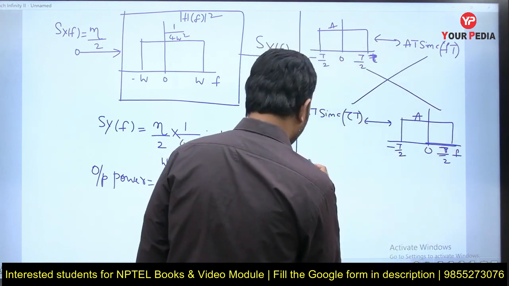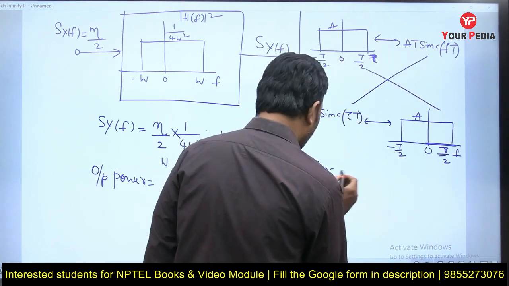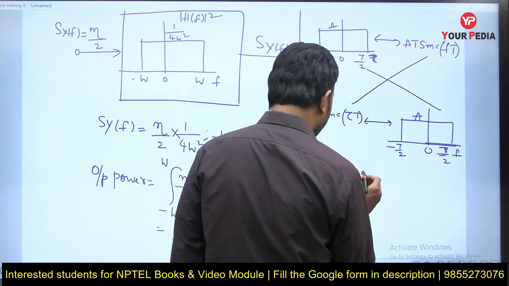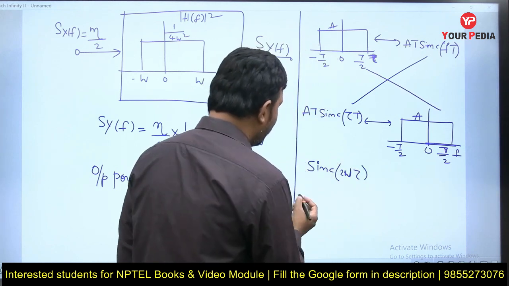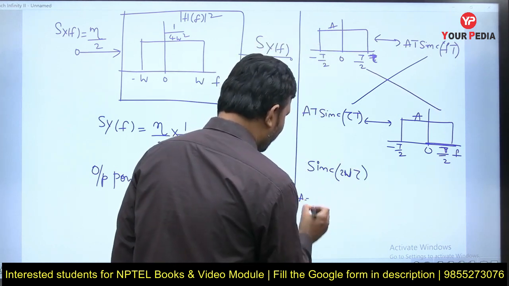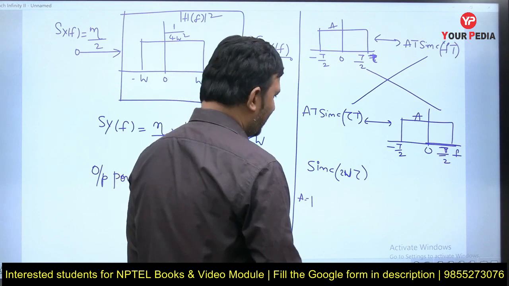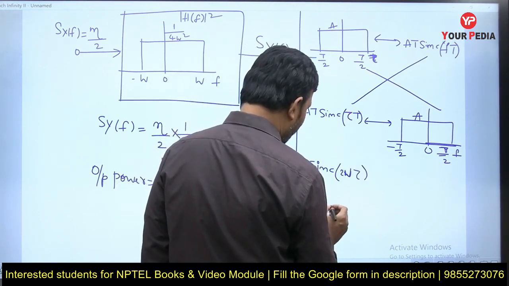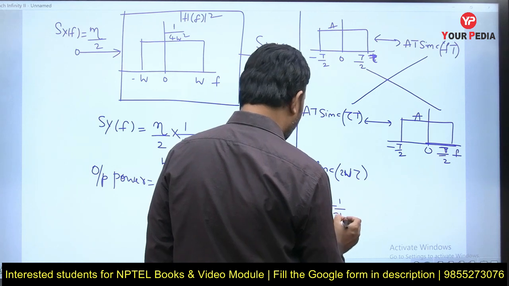But what is the impulse response he gave? Sinc of 2W tau he gave. Now comparing, what is there in place of A? 1. What is there in place of t? Look here, what is there in place of t? In the place of t, 1 by 2W.